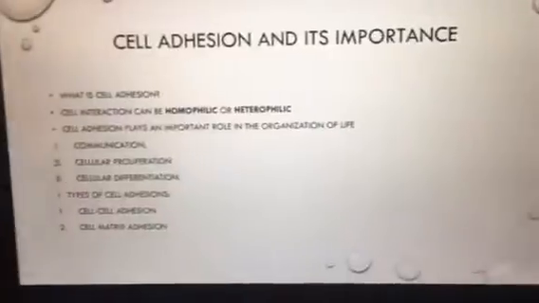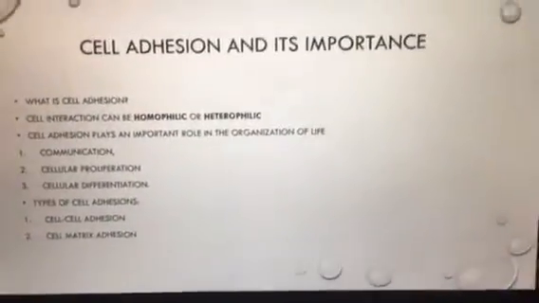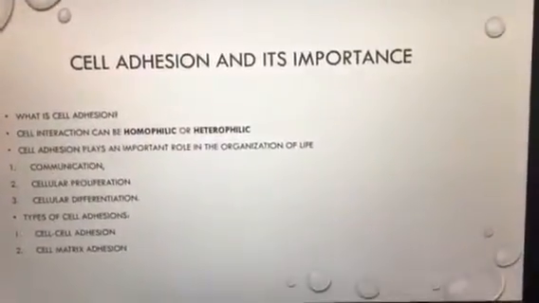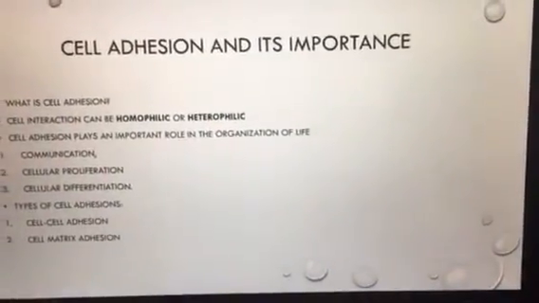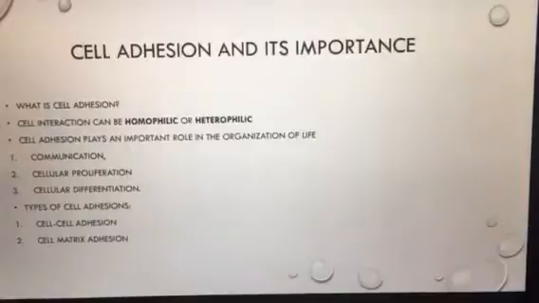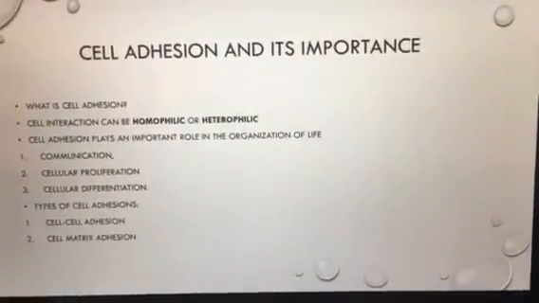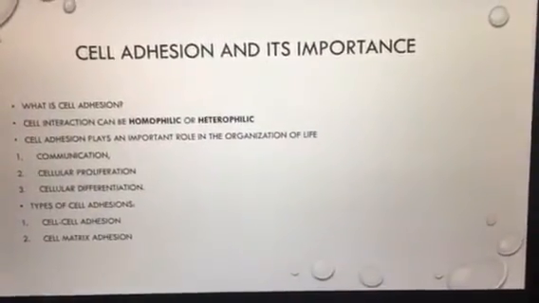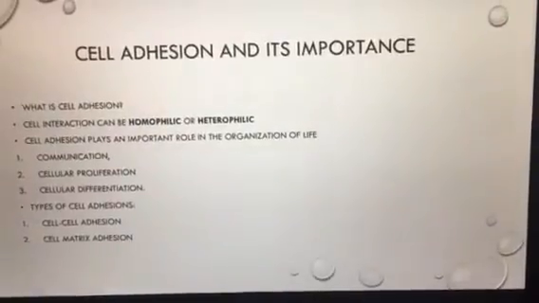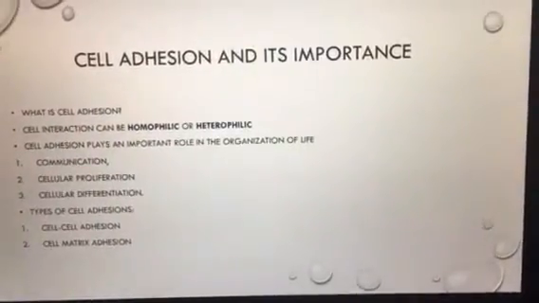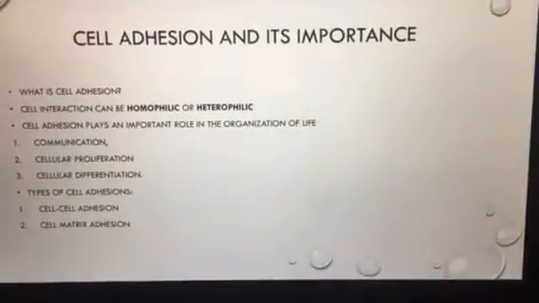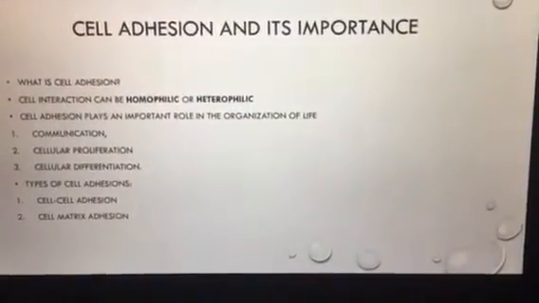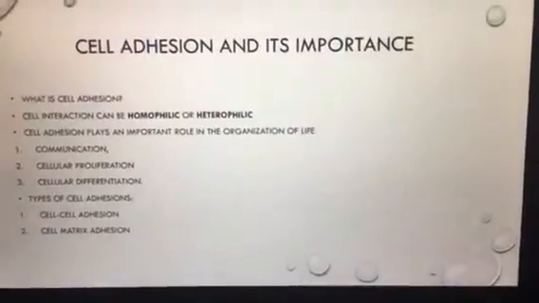So, first of all, we're going to talk about cell adhesion and its importance. The cell is the building block of life, such that similar cells combine to form tissues, tissues combine to form organs, and a group of organs that carry out a specific function combine to form an organ system, and ultimately you have your organism formed.